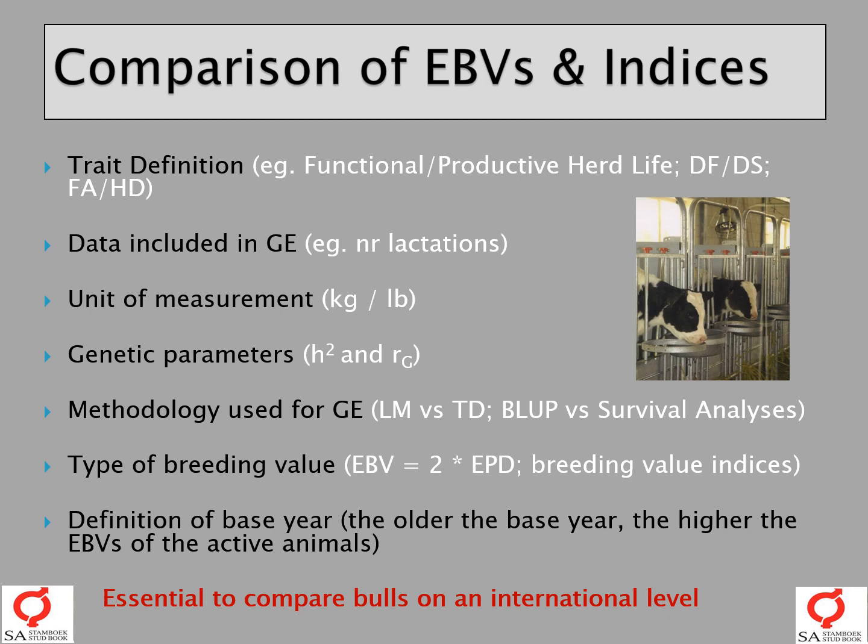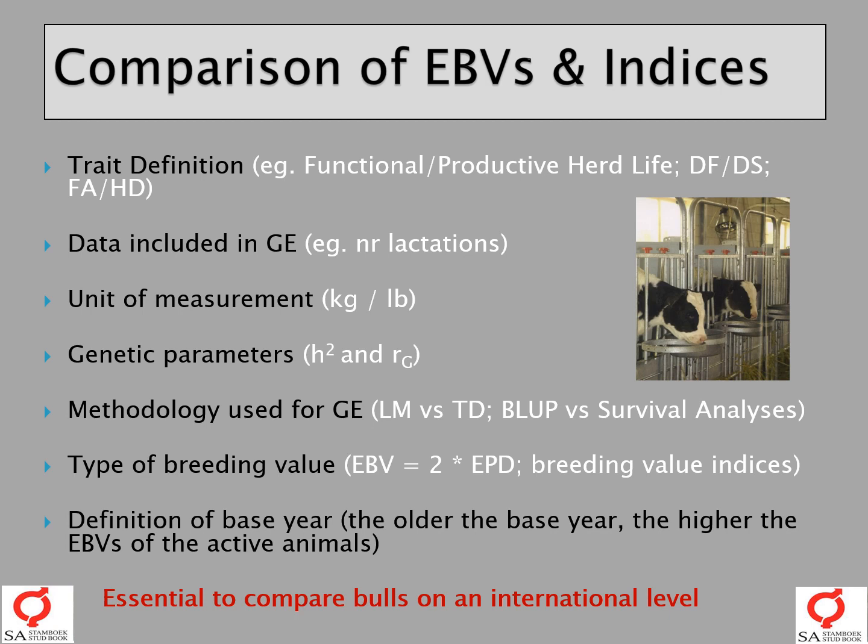Most countries today use test day models for the production trait evaluations, but there are still some countries using lactation models. Furthermore, some countries use fixed regression test day models, while other countries use random regression test day models. For longevity, some countries use BLUP methodology, while other countries use survival analysis.